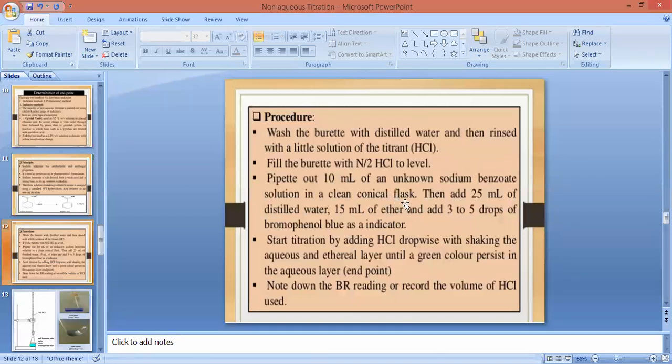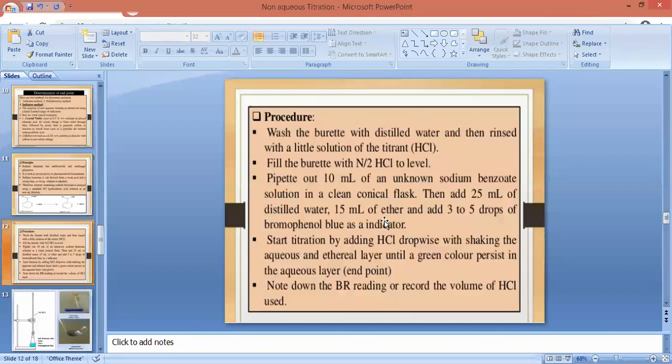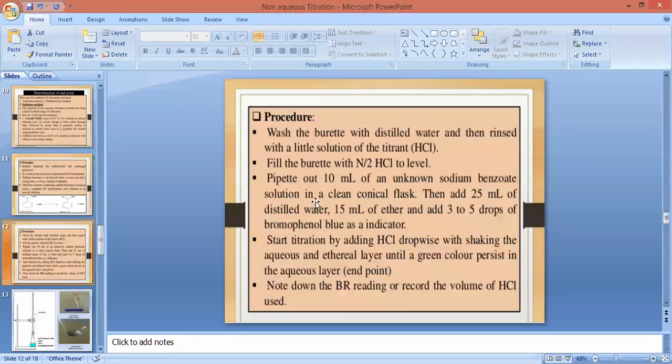It will increase the solubility of weakly basic sodium benzoate. Since it improves the solubility, an easy chemical reaction will occur between sodium benzoate and standard HCl. So the non-aqueous solvent used in the case of sodium benzoate is ether. Lastly, we add an indicator, 3 to 5 drops of bromophenol blue.